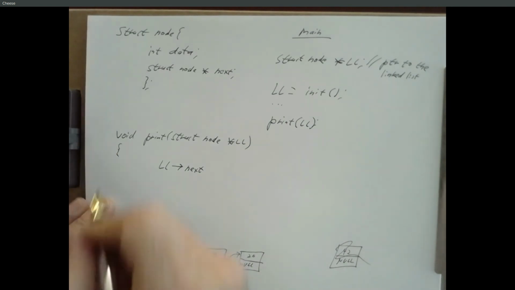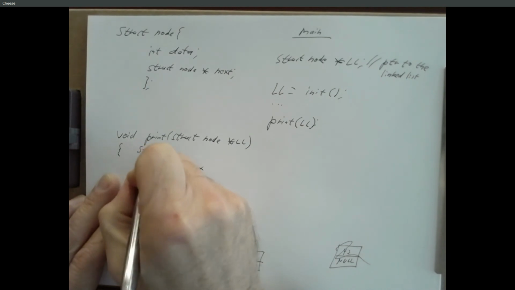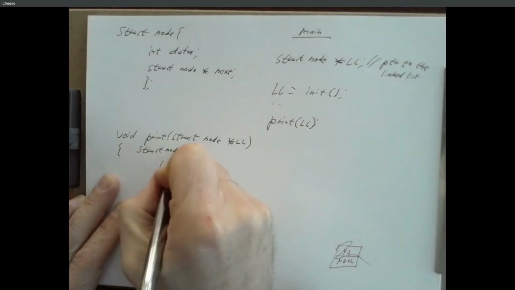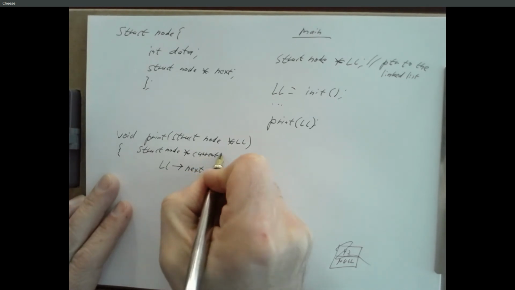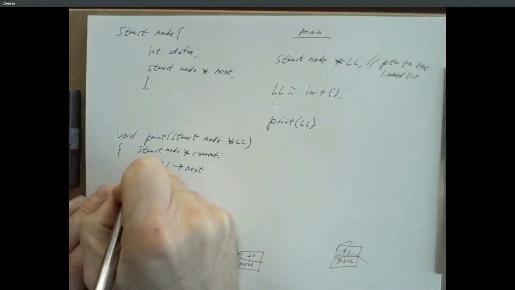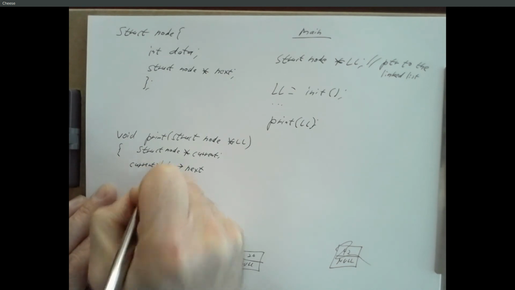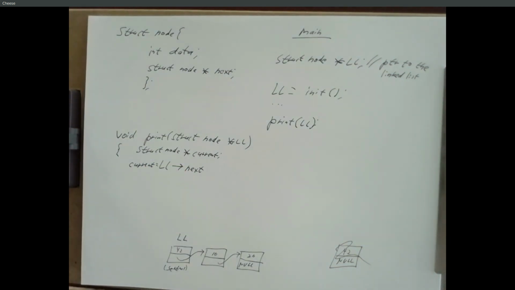So LL arrow next is basically this node. So let's make a variable, and I'll call it current. And I'll start the whole process by saying current equals LL arrow next.